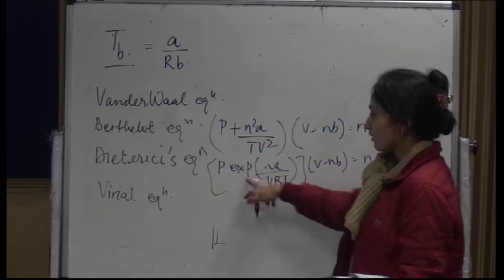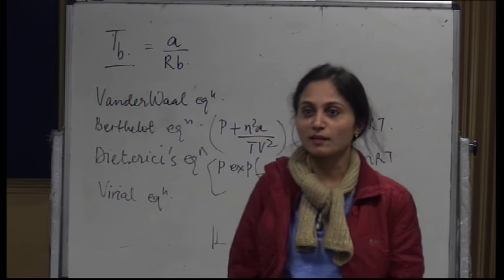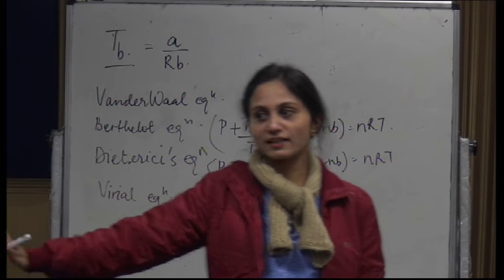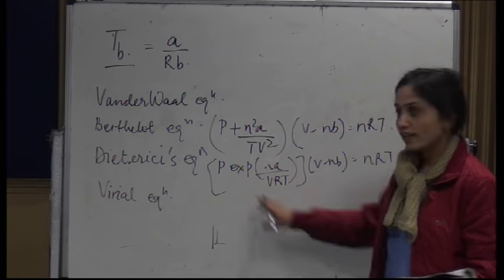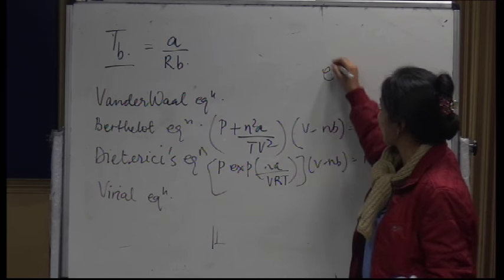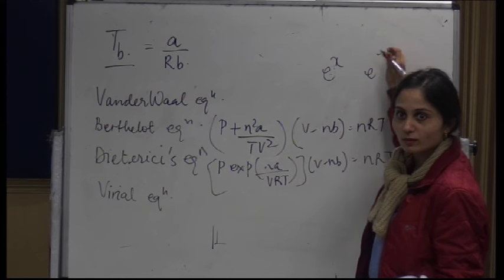So now whenever you have an exponential term along with temperature, that is your Dieterici's equation, e to the power x, e to the power minus x, वो वाला exponential.